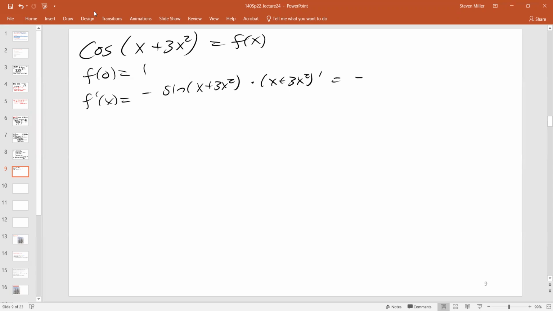So I get negative sine of x plus 3x squared, and I take the derivative, I'm going to get 1 plus 6x. So what's f prime of 0? Nope. What's the sine of 0? 0.